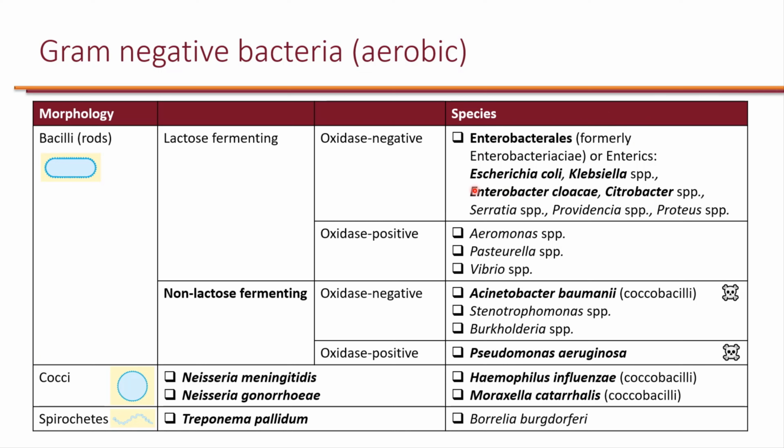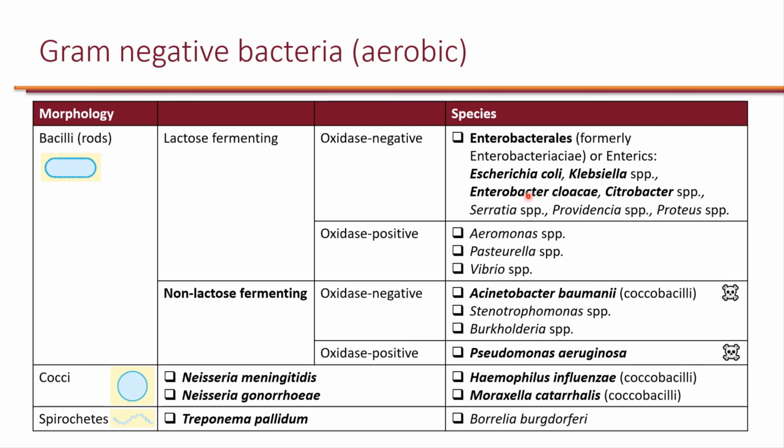The important organisms in the Enterobacterales family are Escherichia coli or E. coli, and Klebsiella species. When it says spp, that means there are multiple. So for example, there is Klebsiella pneumoniae and there is Klebsiella oxytoca.